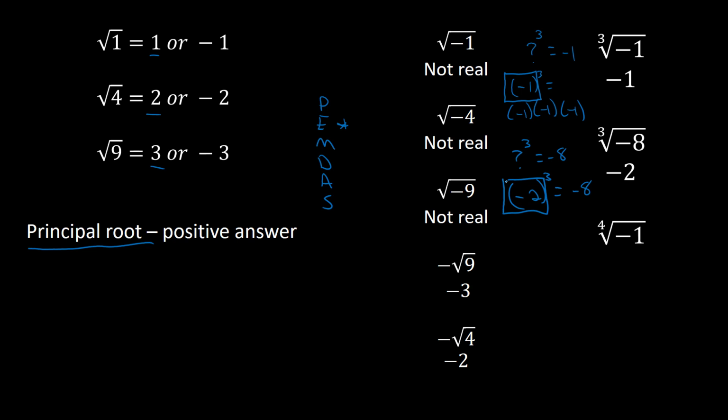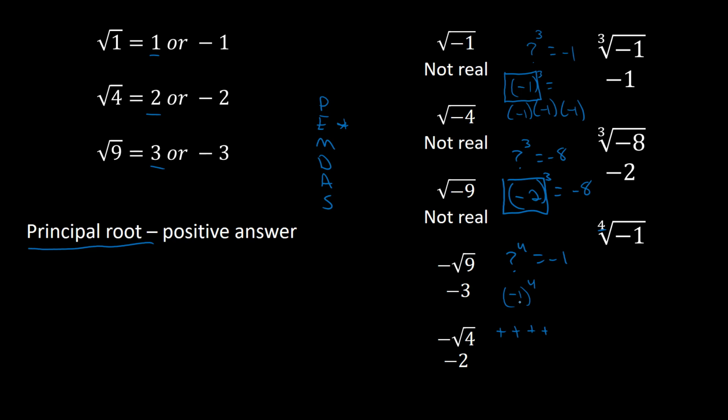Now the question is, what about a fourth root or some other root of a negative number? Well, for the fourth root, we're asking what to the fourth power equals negative 1. If we try negative 1 to the fourth power, we would have 4 negatives, which become 2 negatives make a positive, 2 more make a positive.